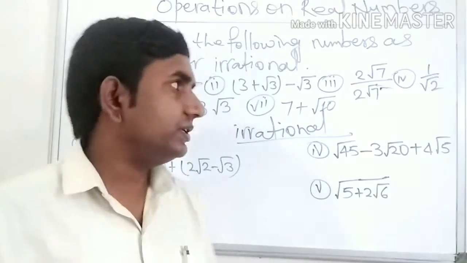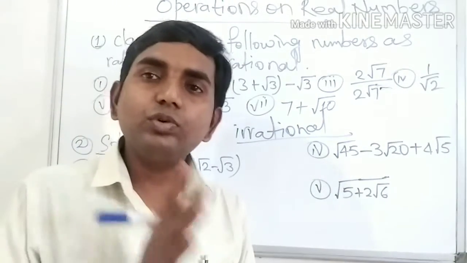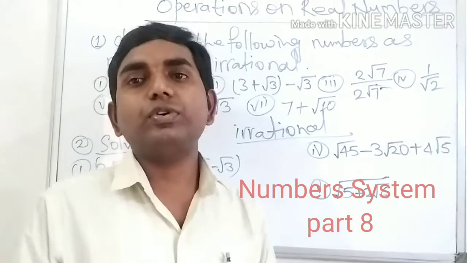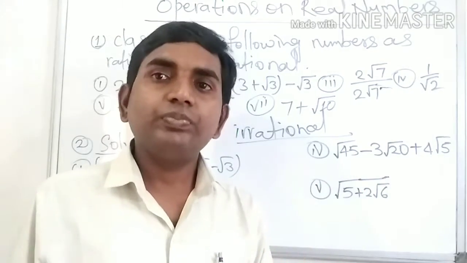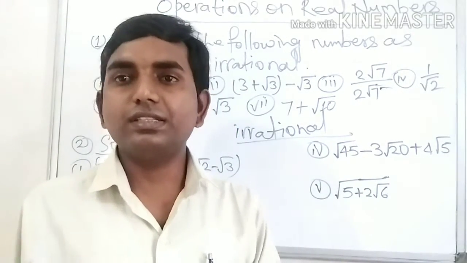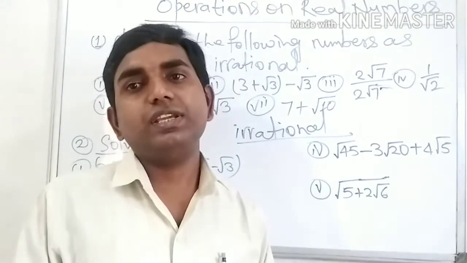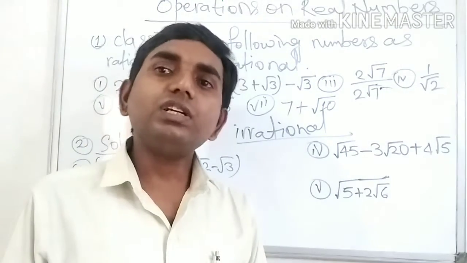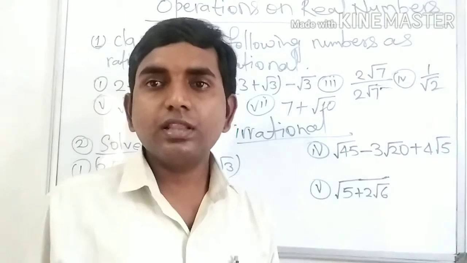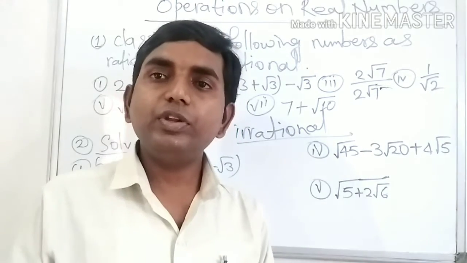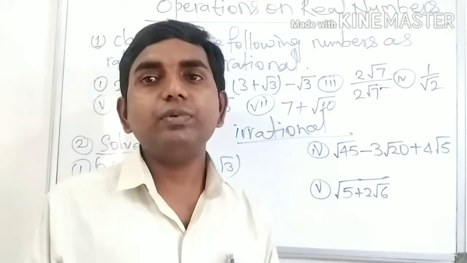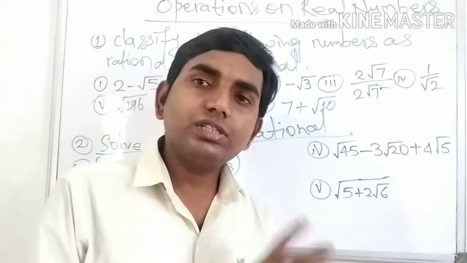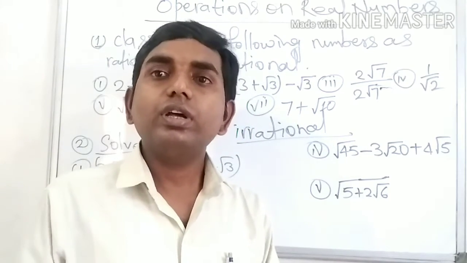It has both possibilities. In the same way, if we have two irrational numbers and we want to find their difference, then it is possible that the result is a rational number or an irrational number. In the case of multiplication, if we multiply two irrational numbers, the result may be rational or irrational. In the case of division, it is the same: the result may be irrational or rational.